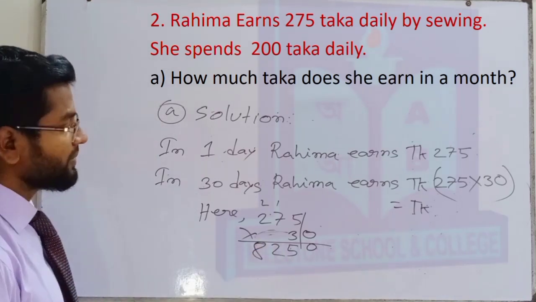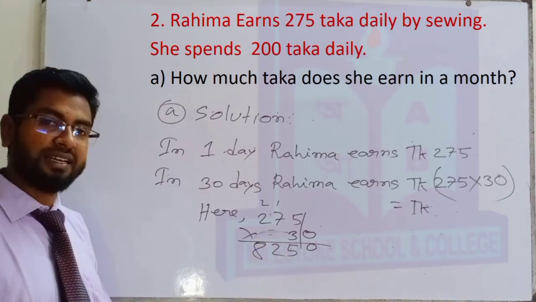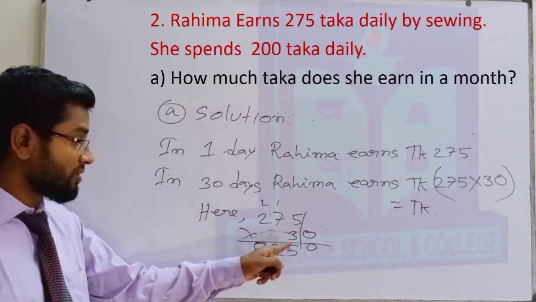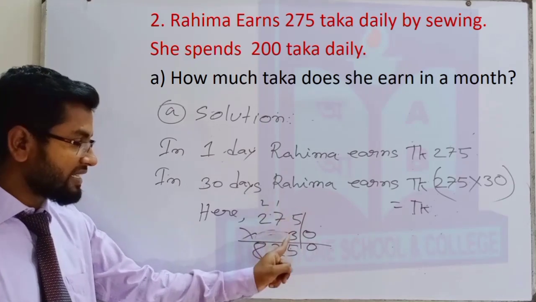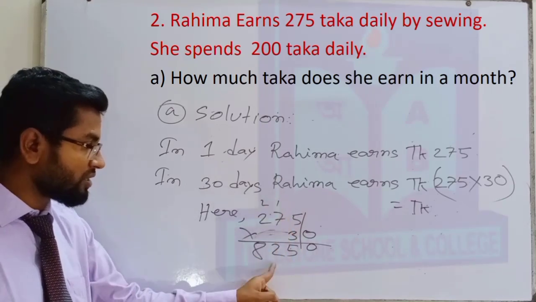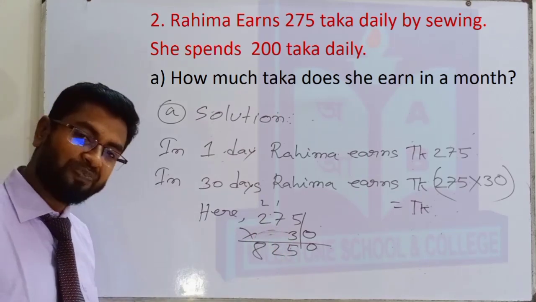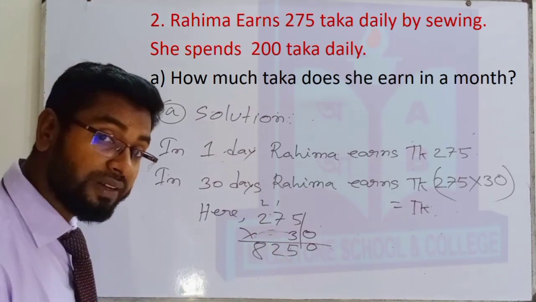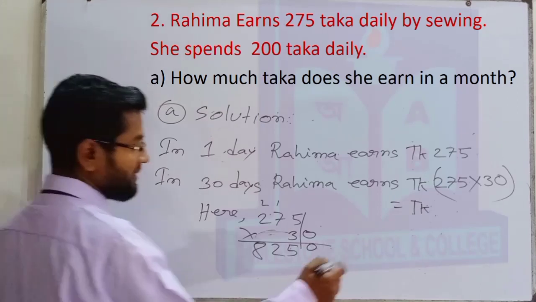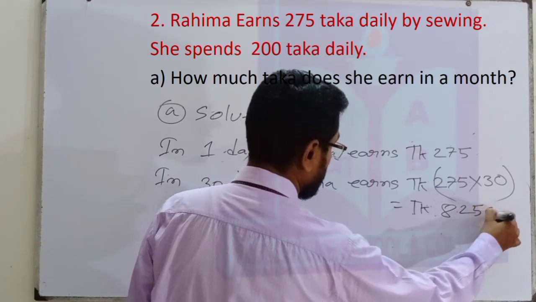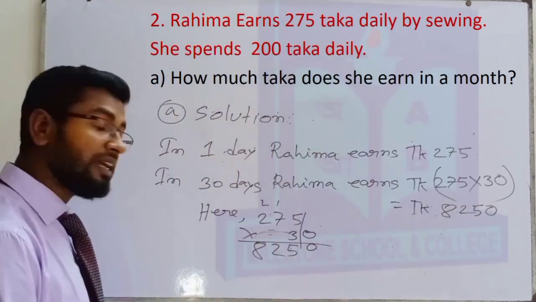Wow, you can get the answer in one line. Look, check again whether yours is correct or not. 3 5s are 15, 1 carrying. 3 7s are 21 and 1, 22. 3 2s are 6 and 2. What will be here? 8, exactly. So now you got 8,250 taka she earned in a month.